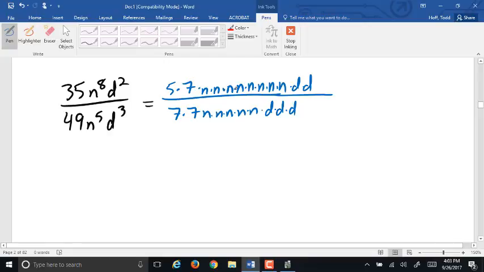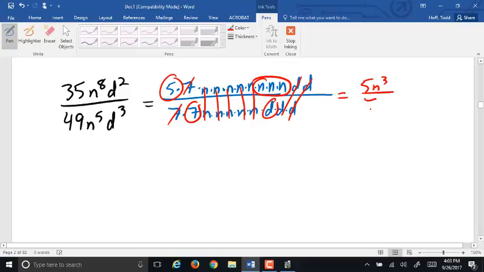So what can cancel? The 7 can cancel. What else? We'll get 2 d's will cancel. And 5 n's. So what we're left with on top is 5, and then n would be 5 n to the 3rd. On bottom, we have 7, and d would be 7d.